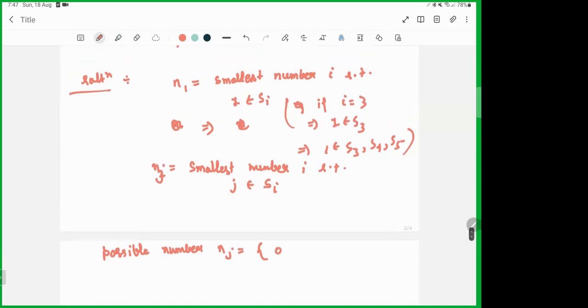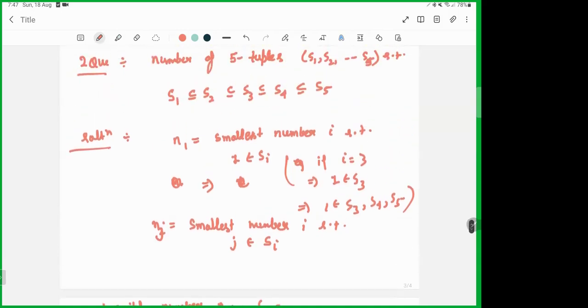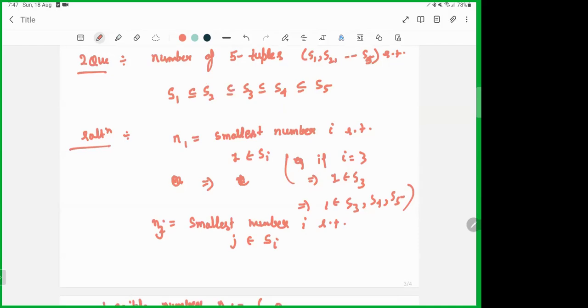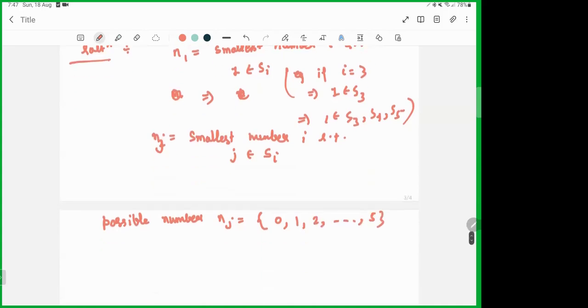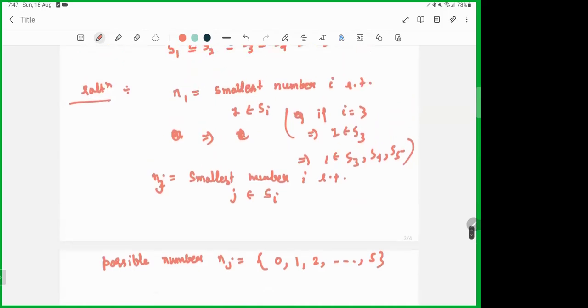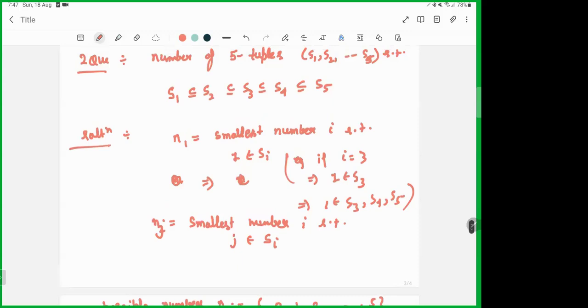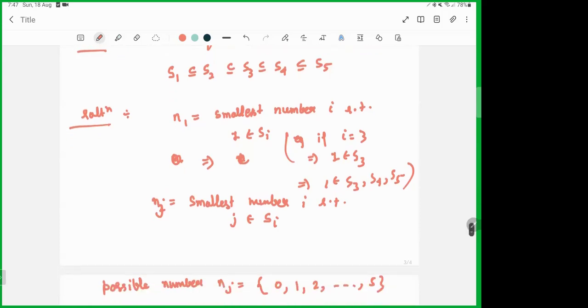Nj can be 0, because it may be the case that each Si is empty and j is in none of the Si. Nj can be 0, 1, 2, up to 5. If we know each Nj, then we know S1, S2, S3, S4, S5, because we know in which set 1 belongs, in which set 2 belongs, and so on. So this is a one-to-one correspondence.